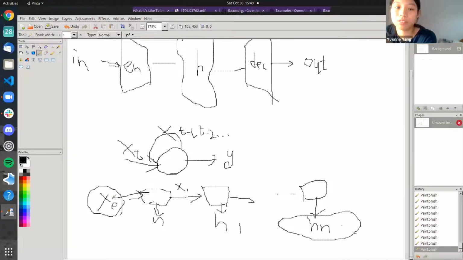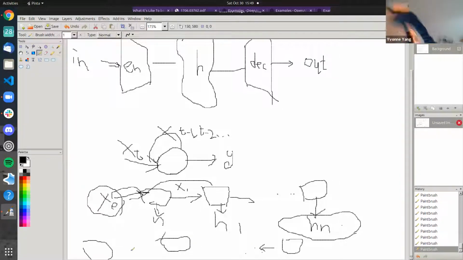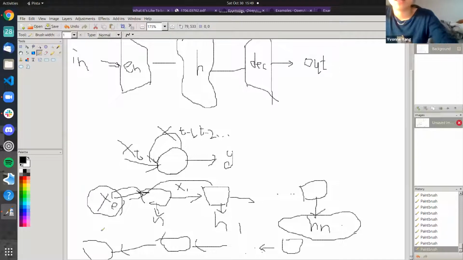It has to travel through this all the way until, and then here you have the decoder, and it's symmetrical, going from here to here. So your first word has to travel all of this distance until it reaches the end of the decoder.